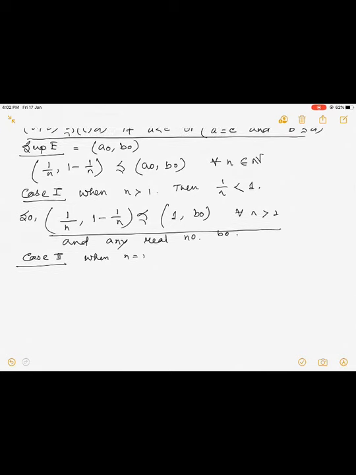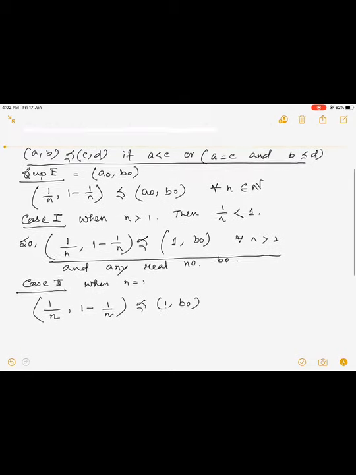When n is equal to 1, then (1/n, 1 minus 1/n) is compared with (1, B0), and we will find the value of B0.